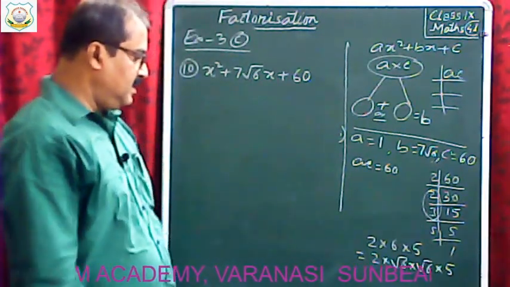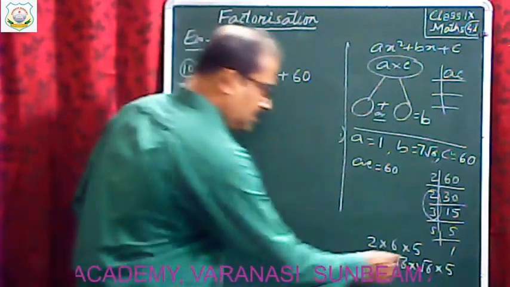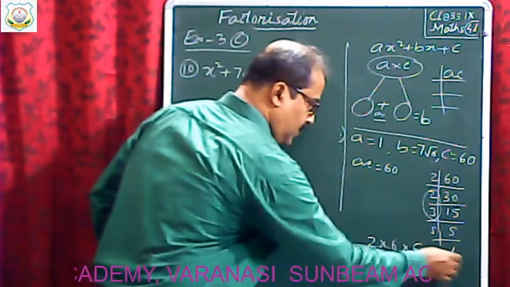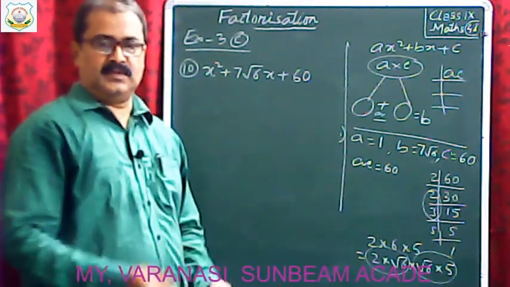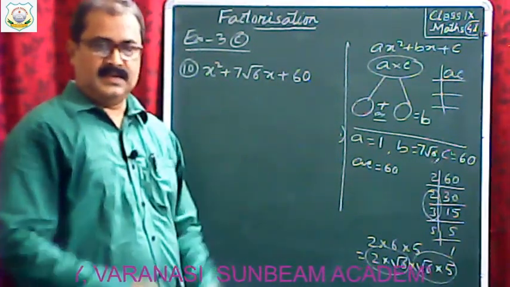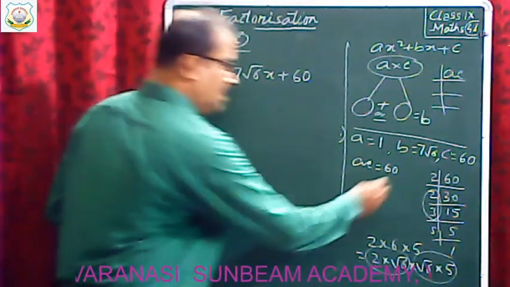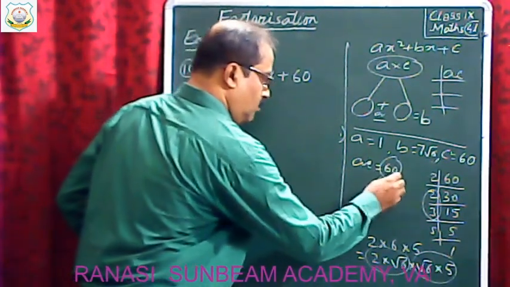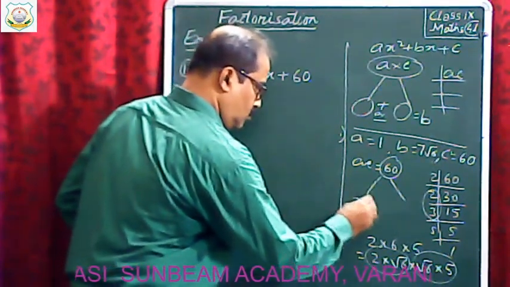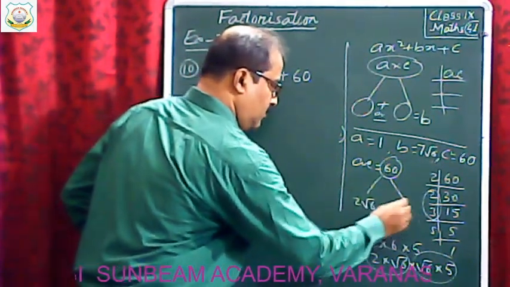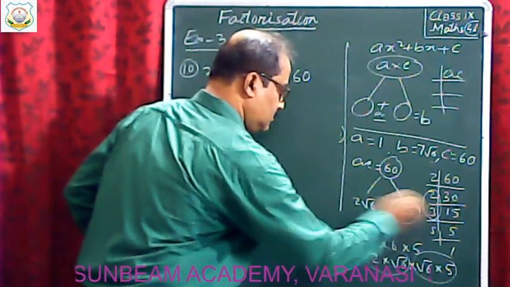Okay. Now let's see. 2 root 6 and 5 root 6. If we add 2 root 6 and 5 root 6, we get 7 root 6. So 60 has two parts, 2 root 6 and 5 root 6.